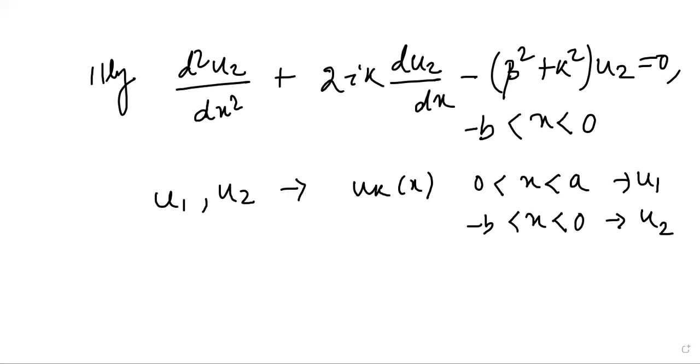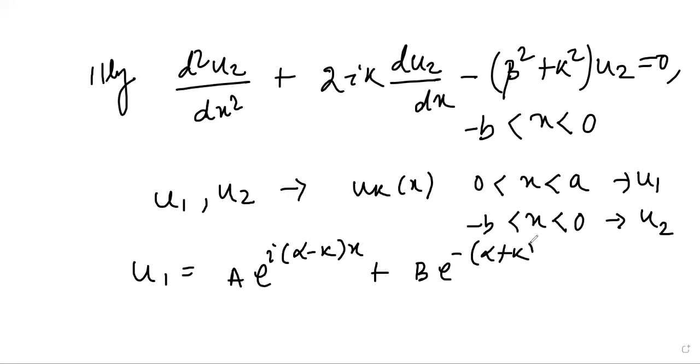Now u1 can be written as the solution of these differential equations. Writing the general solution: A e to the power i(alpha minus k)x plus B e to the power minus i(alpha plus k)x, right? These A, B are constants which can be determined using the boundary conditions. We will see it later.